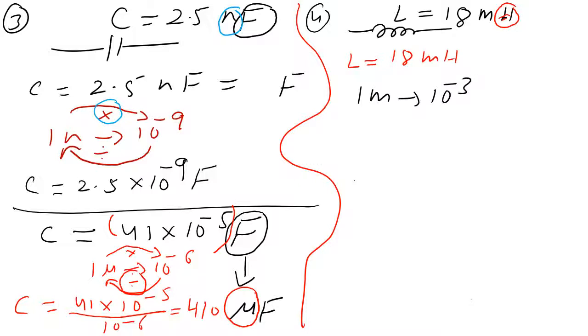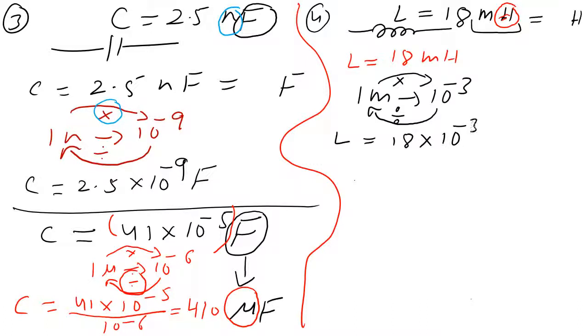Now we have the method: if we are changing the milli to the number, this is multiplication, and if you have the number already and you want to change the number in the form of milli, go for the division. Now here this unit millihenry, you should change to Henry. So here the value of the L is 18 multiplied by 10 to the power minus 3 Henry.